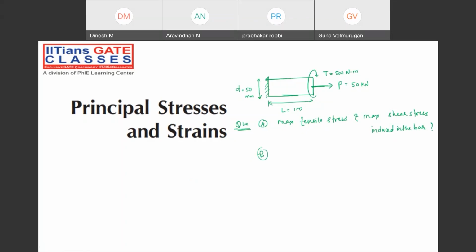Second question will be: maximum axial stress, of course the same thing, normal stress or axial stress, and torsional shear stress on the cross section of the bar.